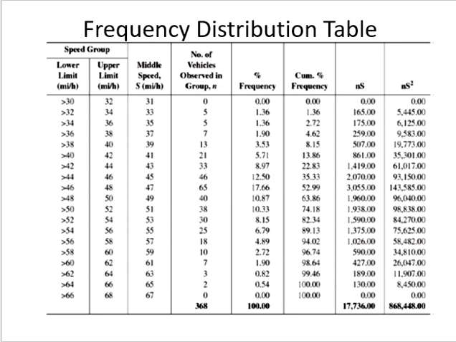In this group they observed 5. In this group they observed 5. And so on. Got it? These values are not fixed. Nobody is fixing them, not even the engineer who is doing this survey. It is as per observation. The fourth column is as per observation. No calculation here, no assumption here. Got it? Clear?